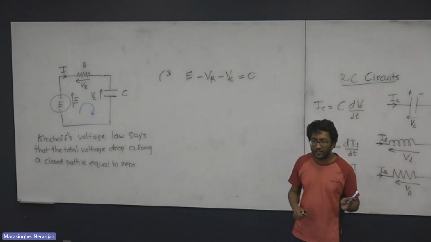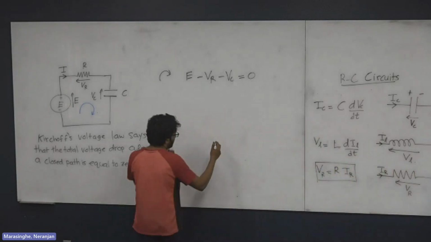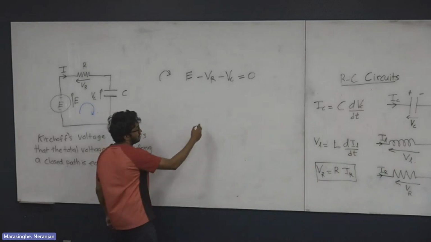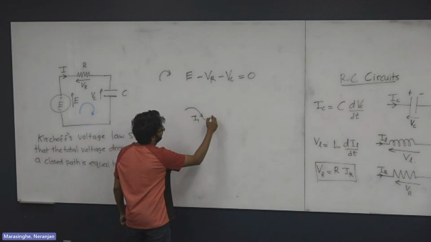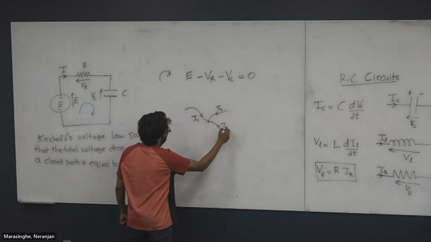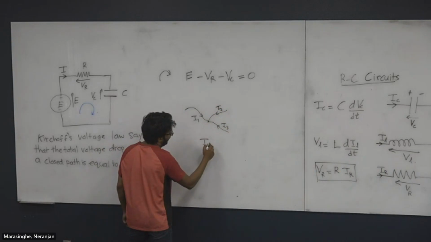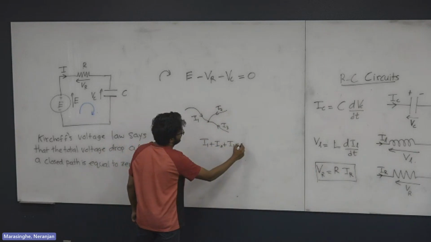What is Kirchhoff's current law? It says that if you take any node, the total current at that node is equal to zero. Suppose here is a node, and you have currents I1, I2, I3, then I1 plus I2 plus I3 equals 0.